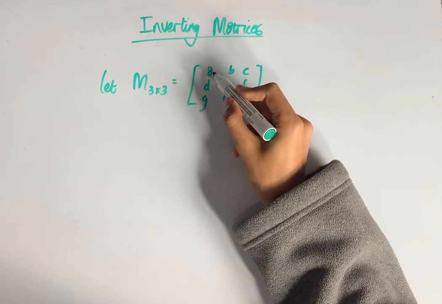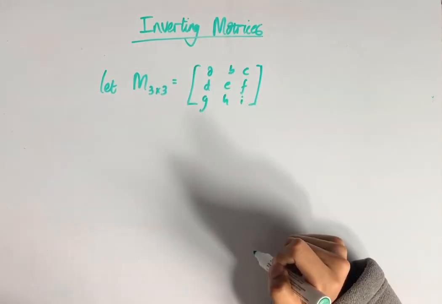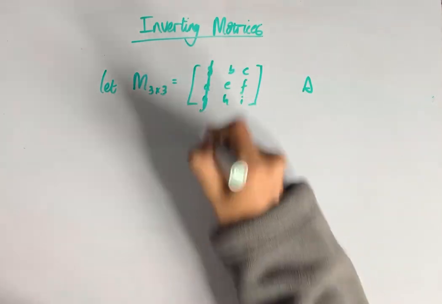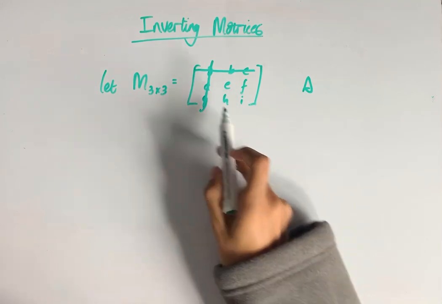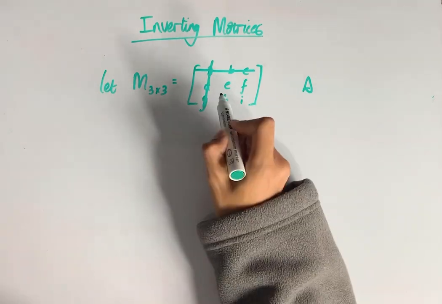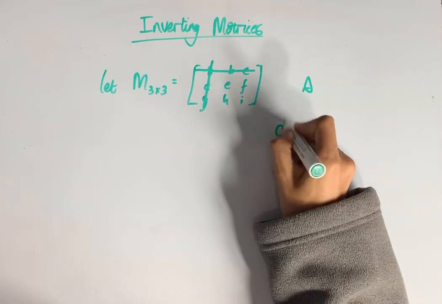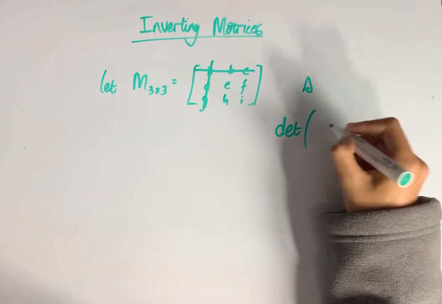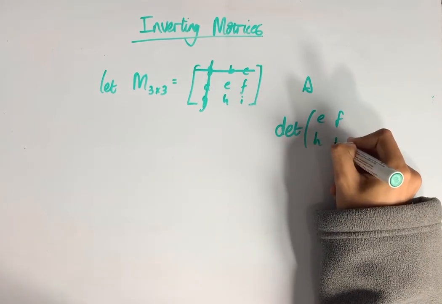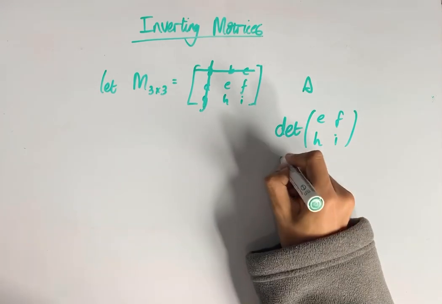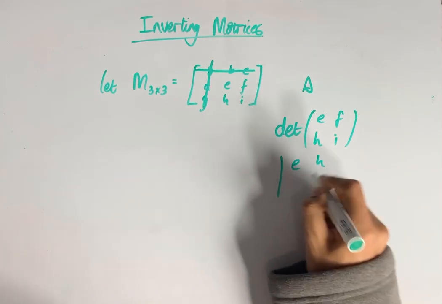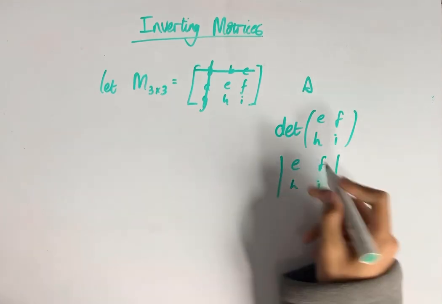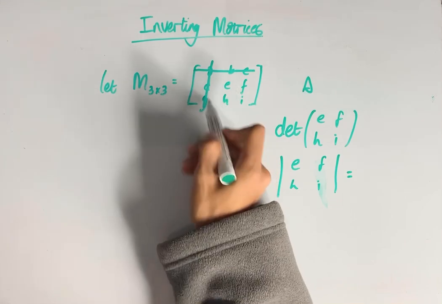So let's say we have little a over here. The minor of little a is represented by big A, and we find that by crossing out this line, because they're both associated with A, and we are left with E, F, H, I. Now what we do is find the determinant of E, F, H, I, or in the notation, you have two long lines and then E, F, H, I. This represents the determinant of this section.